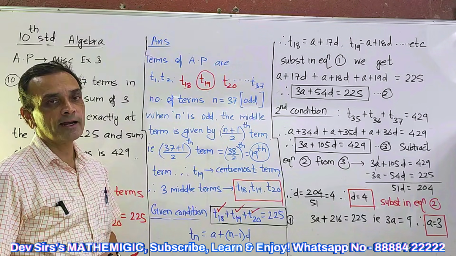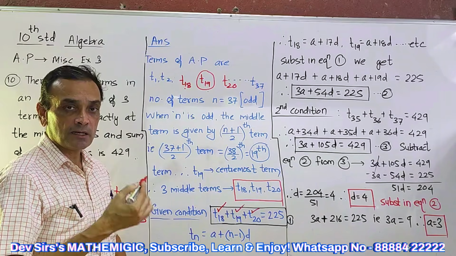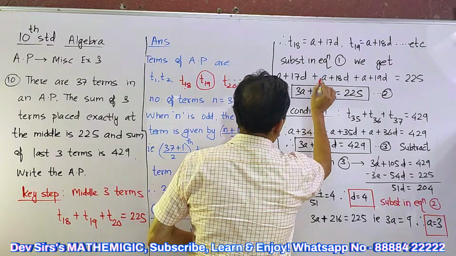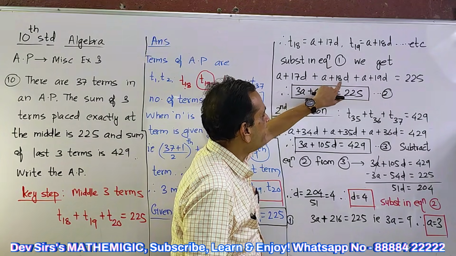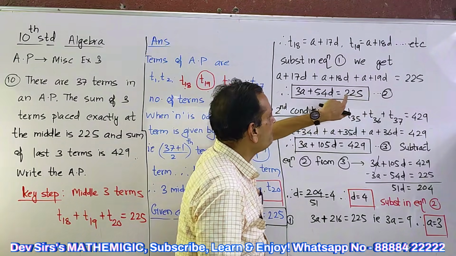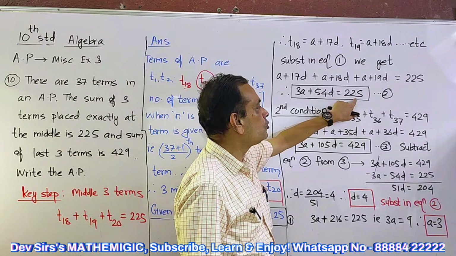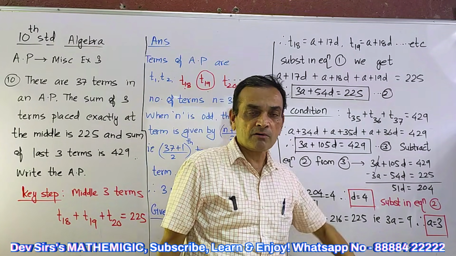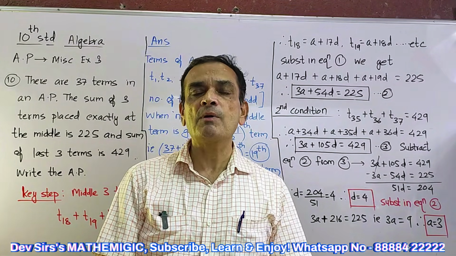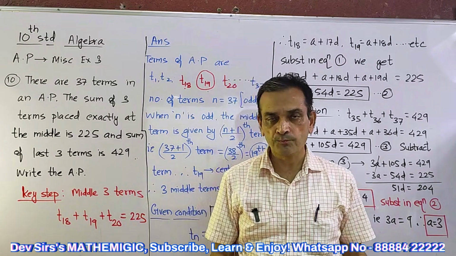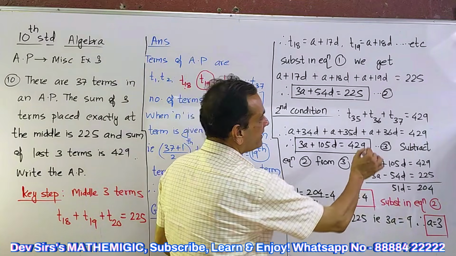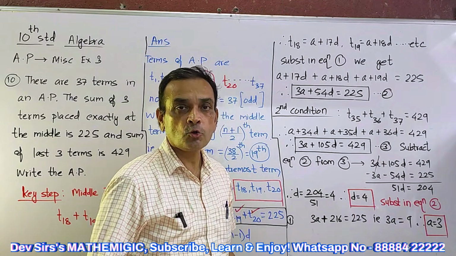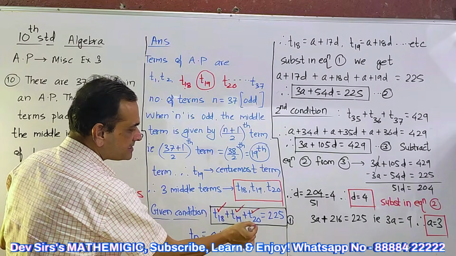So that is how we get our first equation, which we will write properly. A plus A is 3A. 17 plus 18, 35. 35 plus 19, 54d equal to 225. That is our first simultaneous equation, you can say. According to the first condition, which I am calling equation 2. Equation 2, why? Because I have already taken this as equation 1.